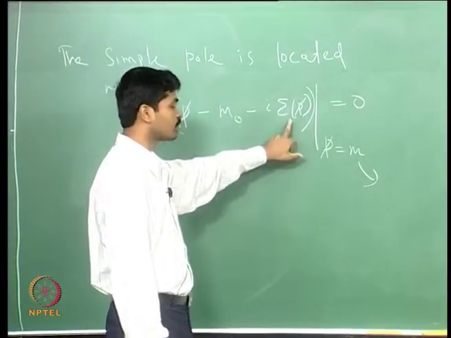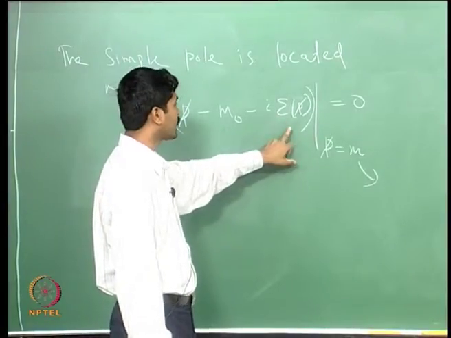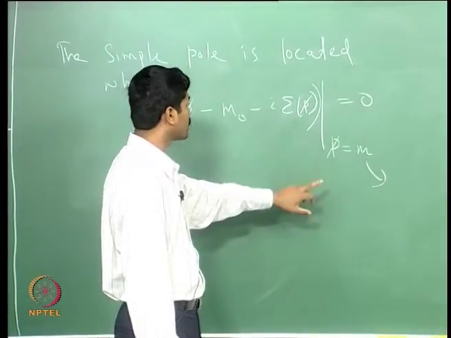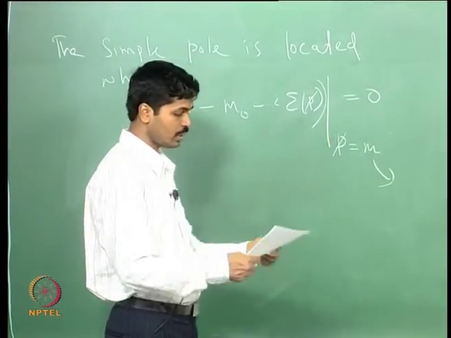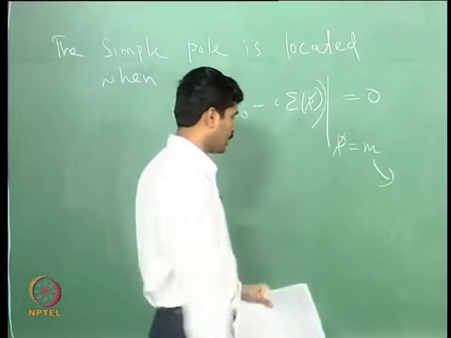We have just now computed sigma p to the second order in e. So therefore, we have an expression for m in terms of m 0 and so on.